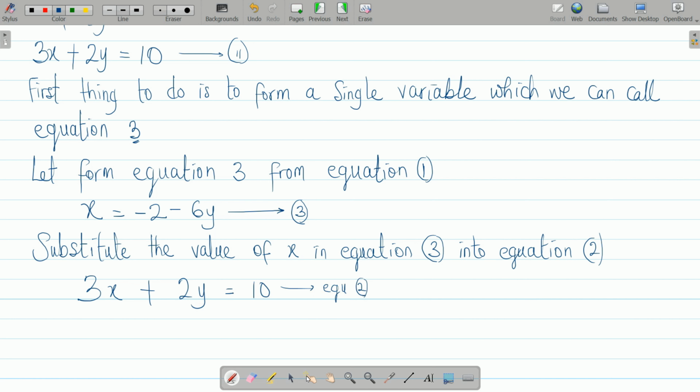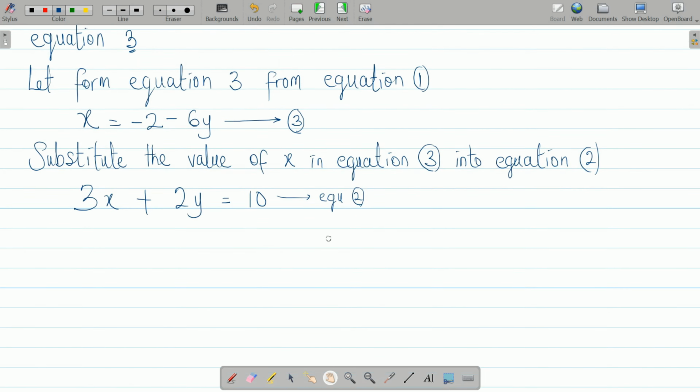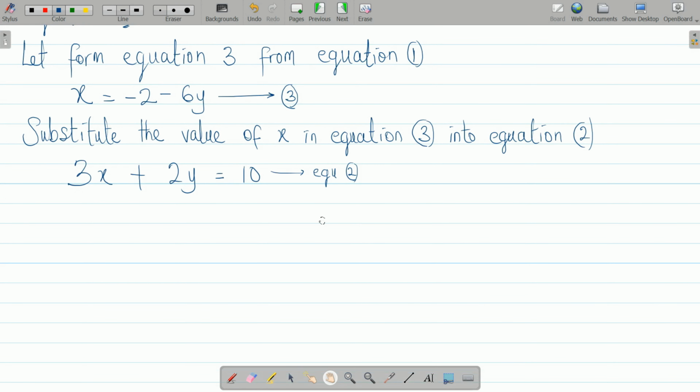Next is to substitute the value of x into it. Afterwards, we have 3 open bracket minus 2 minus 6y closed bracket plus 2y equals 10.